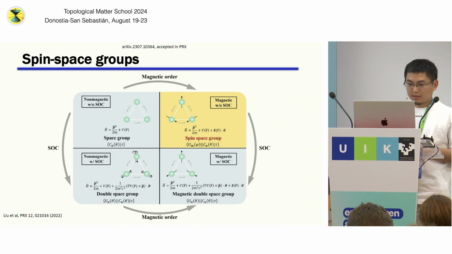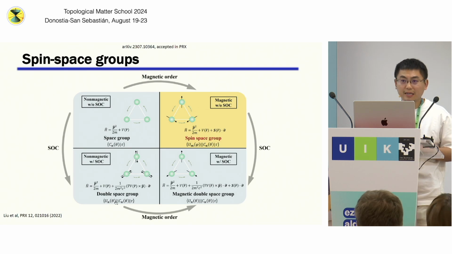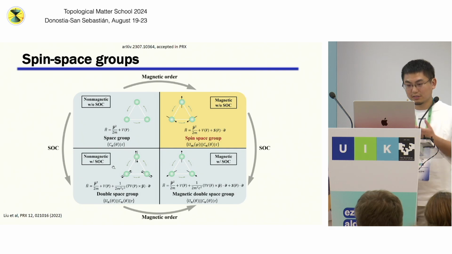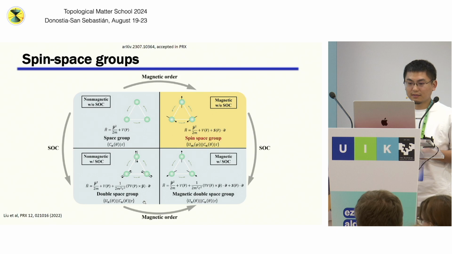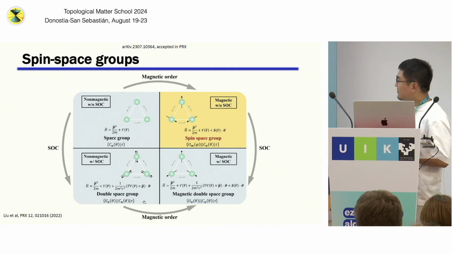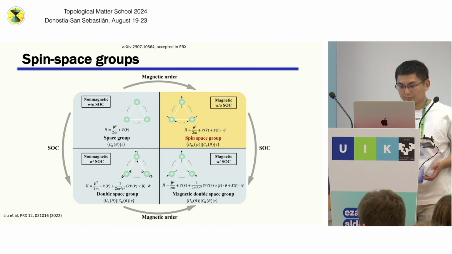If there is a spin-orbit coupling, then this spatial operation is no longer a symmetry of the system, because when you rotate the atoms, you must rotate the spin at the same time, and these spin operators will change the structure of this group from a single valued group to a double valued group.